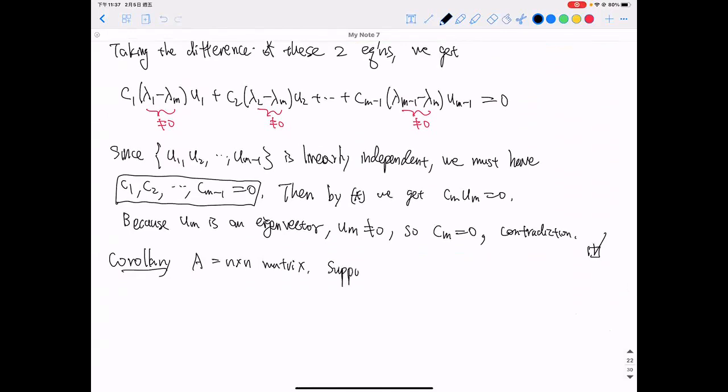Suppose A has n distinct eigenvalues, then A has n linearly independent eigenvectors.